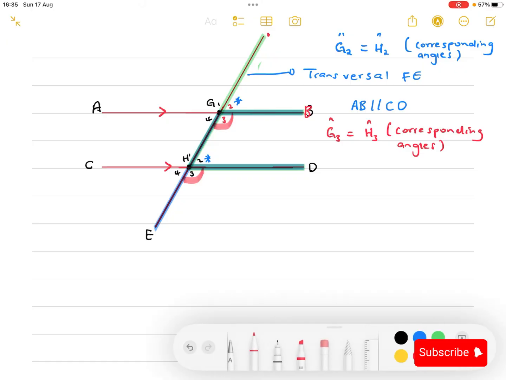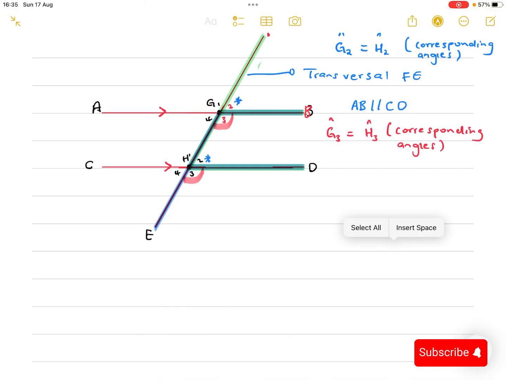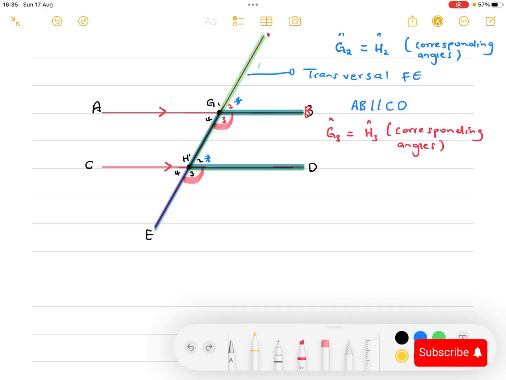Okay, and then moving forward again, let us check another F shape that we can come up with. Now let us look at an F shape from this direction, starting from your transversal. I want to use a highlighter.